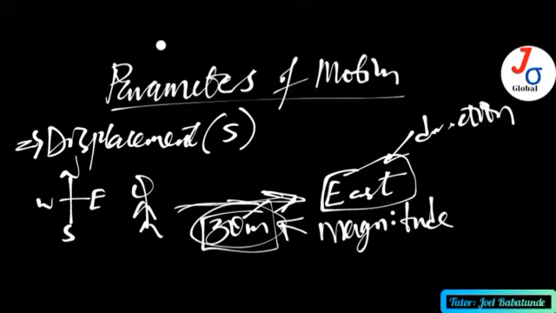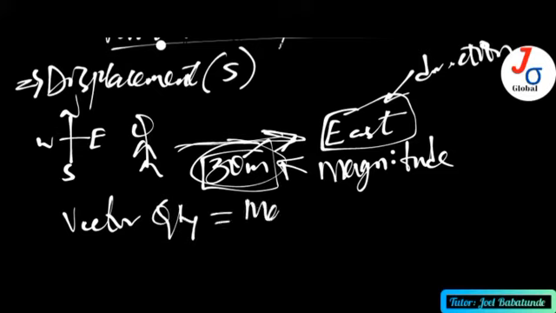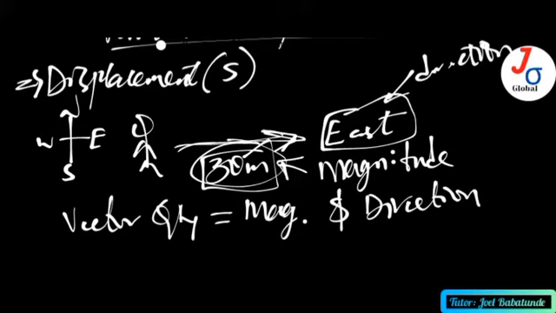So in this case, displacement is going to be considered a vector quantity. Why? Because vector quantities have magnitude and direction. So these are quantities that possess these two things, magnitude and direction. So therefore, displacement is actually a vector quantity.